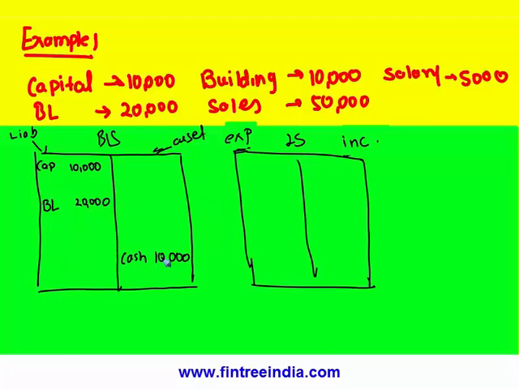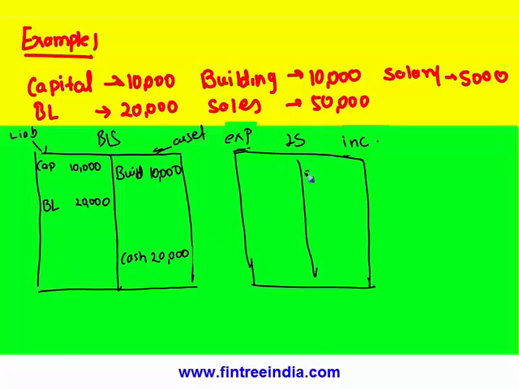Second effect, now cash will increase and cash will become how much? 30,000. Then building 10,000, that would go on to balance sheet asset side. So building 10,000, what should be the second effect? Cash. So now cash would be 20.